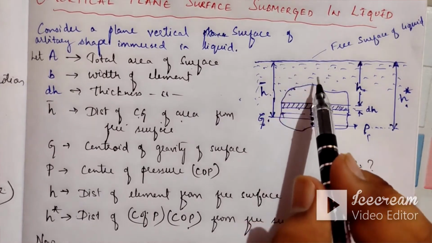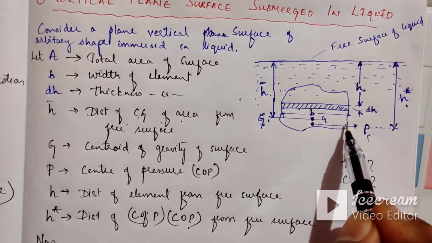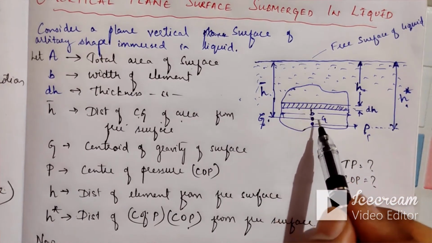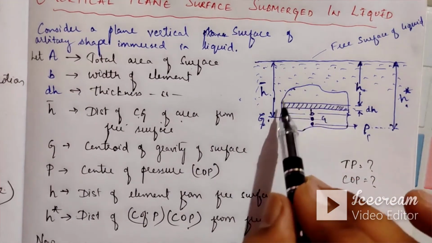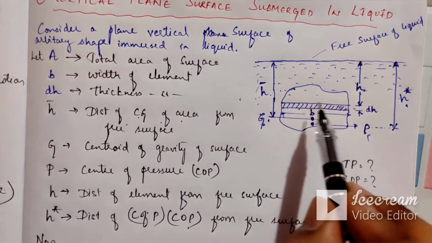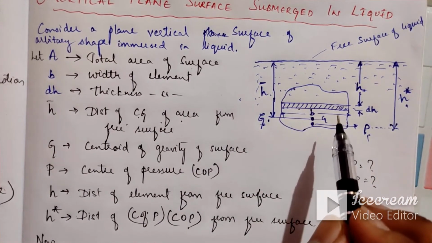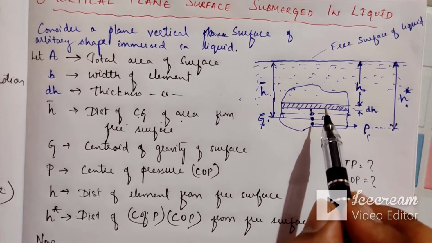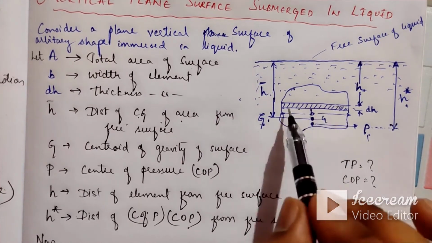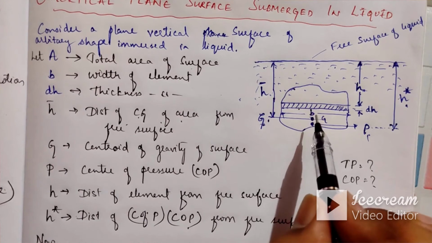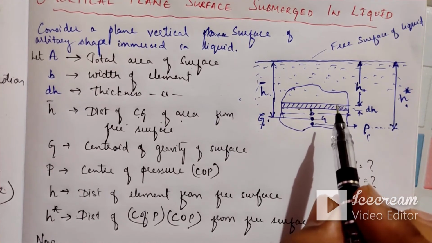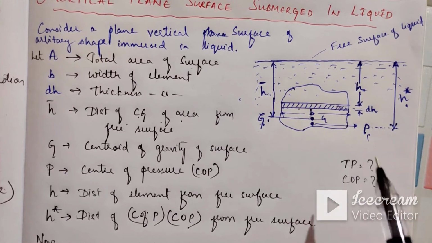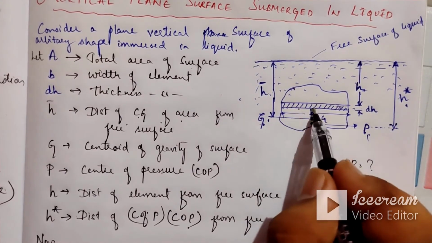The total pressure on this arbitrary shape on the surface may be determined by dividing the entire area into small strips. The force on the small strip can then be calculated, and then the total pressure force on the whole area.